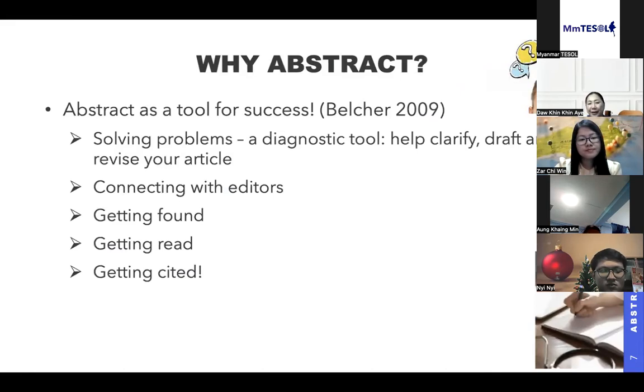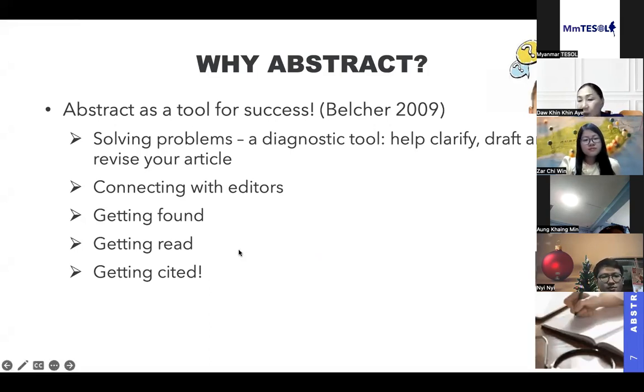Now, why abstract? According to Belcher, the abstract is a tool for success, for those who are submitting papers to research journals. It is a tool for success because it solves problems; it is a diagnostic tool that helps clarify, draft, or revise your article.